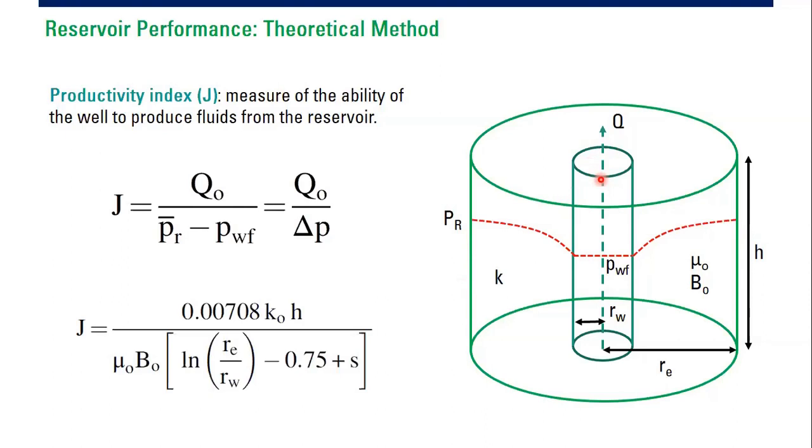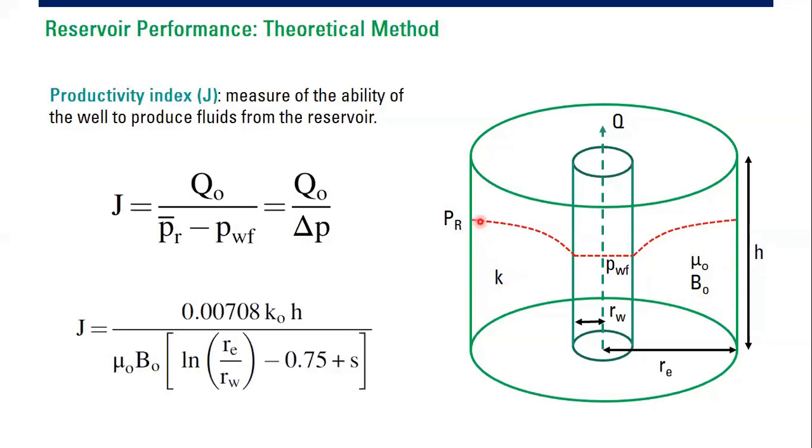It produces with a constant flow rate of Q, and it has bottom hole flowing pressure of PWF. It has wellbore radius of RW, and the reservoir has reservoir radius or drainage radius of RE, with net pay thickness of H, viscosity of mu O, oil formation volume factor of BO, and permeability of K.